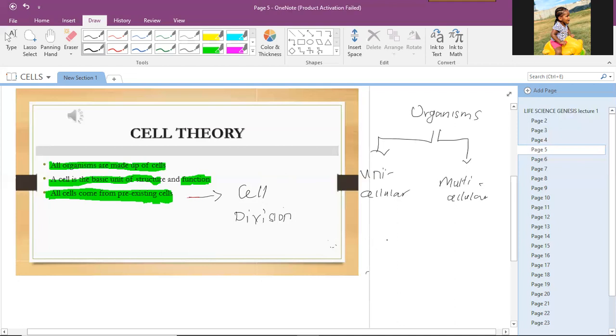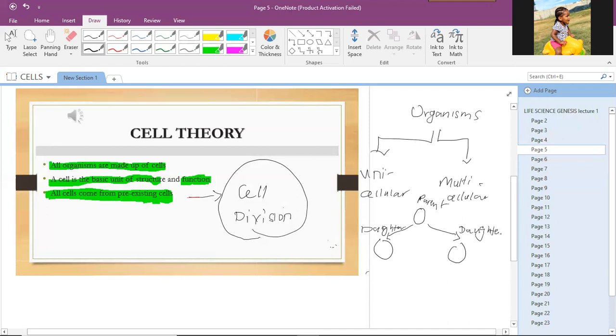So when we say all cells come from pre-existing cells, we're talking about this process of cell division, where you have one cell, and then this one cell is going to divide into two cells. This is known as the parent cell, and these are the two daughter cells.